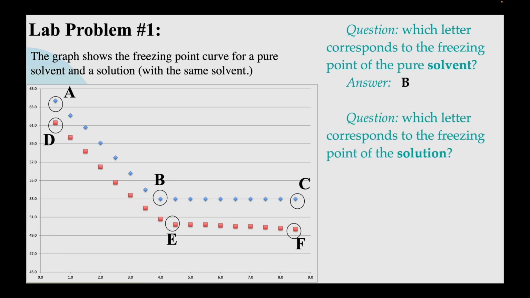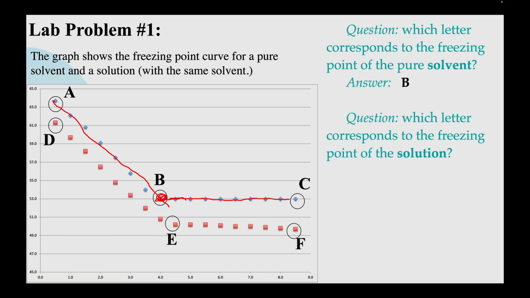The next question says, which letter corresponds to the freezing point of the solution? Like we just said, the solution is going to have a lower freezing point than the solvent. Now I forgot to mention, but freezing points are always at the conjunction of those two lines. You can see, like on the pure solvent before, there's a straight line. This is normal cooling of the stuff. And then there's a steep line, and where those points come together, that's where the freezing point is going to be.